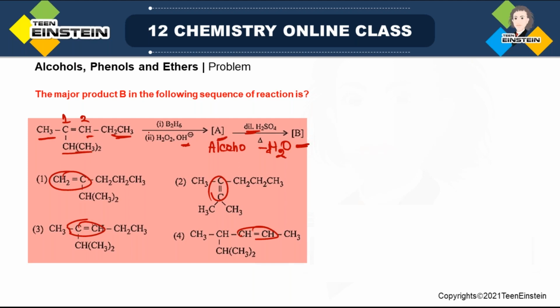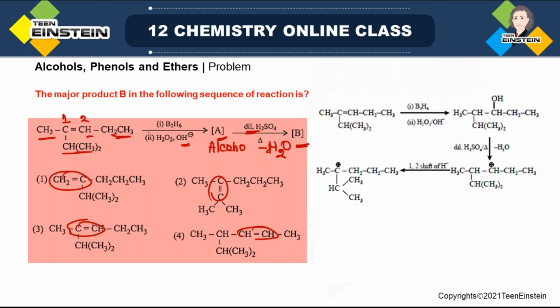So among 1 and 2, which carbon contains more hydrogen? It is carbon 2. According to the anti-Markovnikov rule, OH will be added to this carbon, since it has more hydrogen attached. So this is the structure of A.